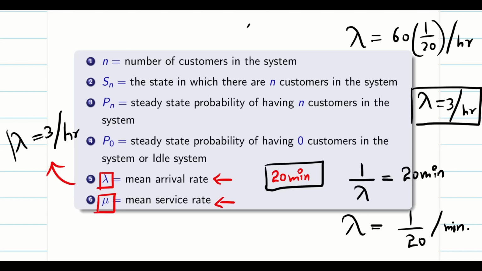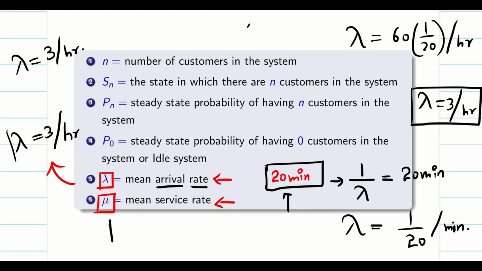So you should be very, very careful whether the arrival rate is given or the inter-arrival time is given. If the word rate is mentioned, I will directly take lambda is equal to 3 per hour or 4 per hour, whatever it is. If they mention 20 minutes or 30 minutes, then you have to take this as 1 by lambda and convert it into lambda.